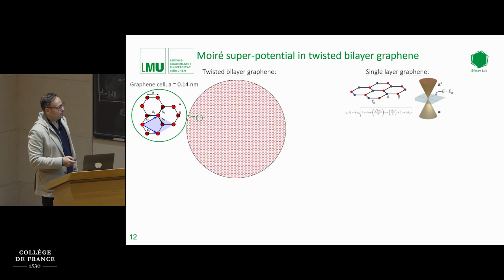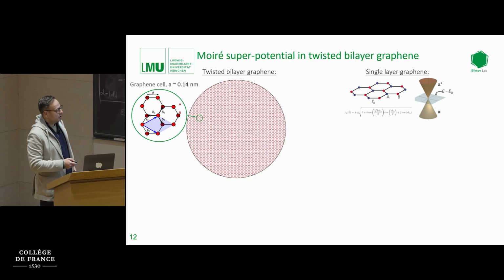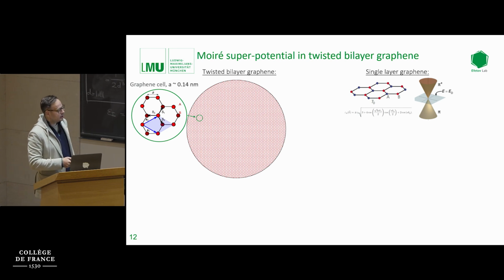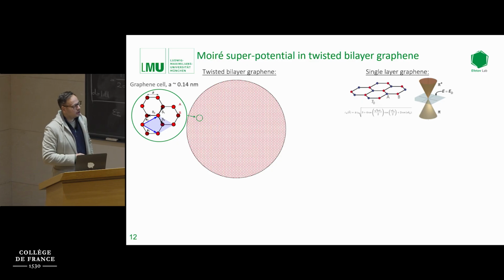If we do a simple tight binding calculation, where we look at the hopping from A to B atoms defined by gamma 0 here, we will find that the band structure is defined by these Dirac cones. Again, they're protected by symmetry, so there's this one point in which they're touching, and the bands are linear in between.